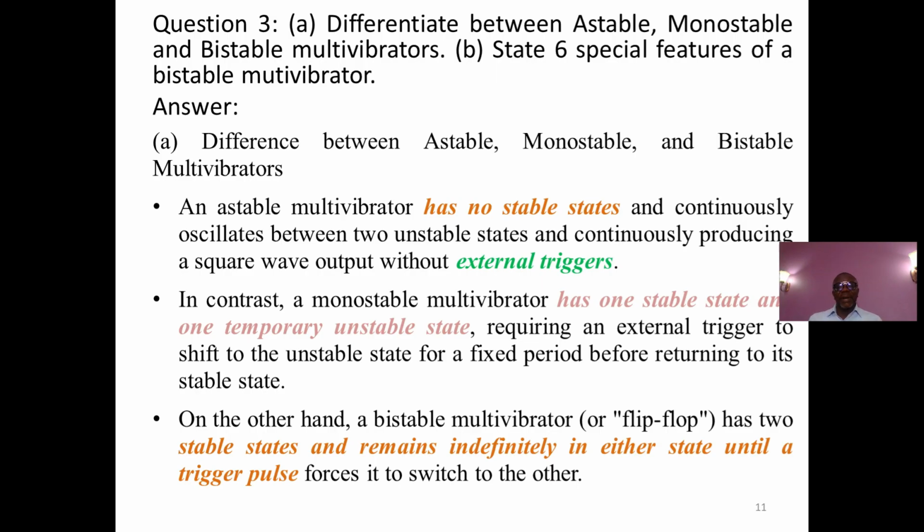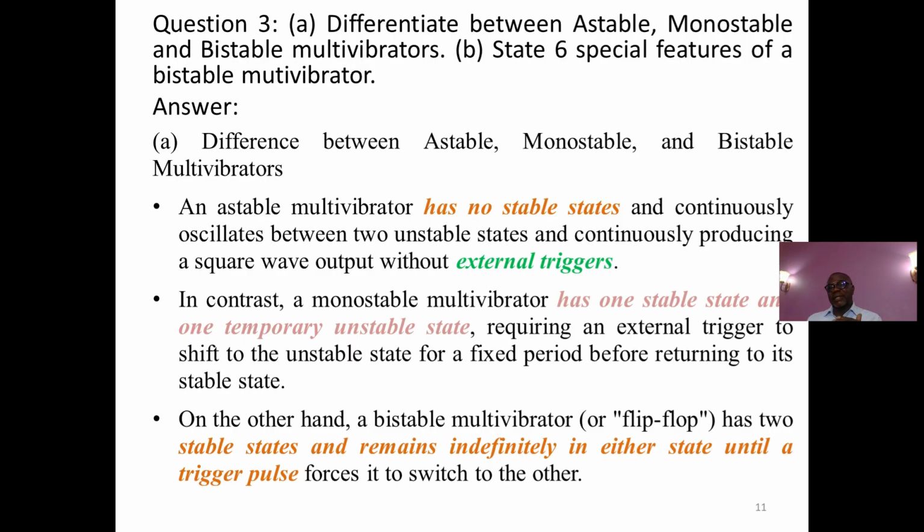But the bistable multivibrator has two stable states and remains indefinitely in one of the states until a trigger input is applied. Then it switches over to the other stable state and remains there again until another trigger input is applied.